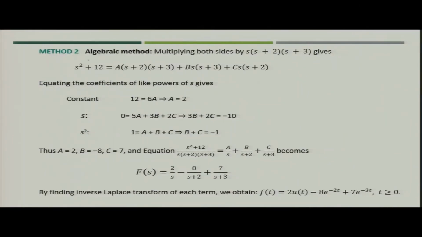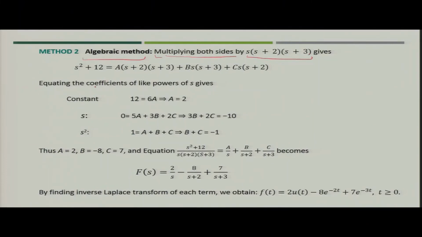Another method is that you can use the simple algebraic method, which you generally use for solving general expressions. So, here we will apply that technique to find out the inverse Laplace transform. What we can do is multiply both sides by s into (s plus 2) into (s plus 3).